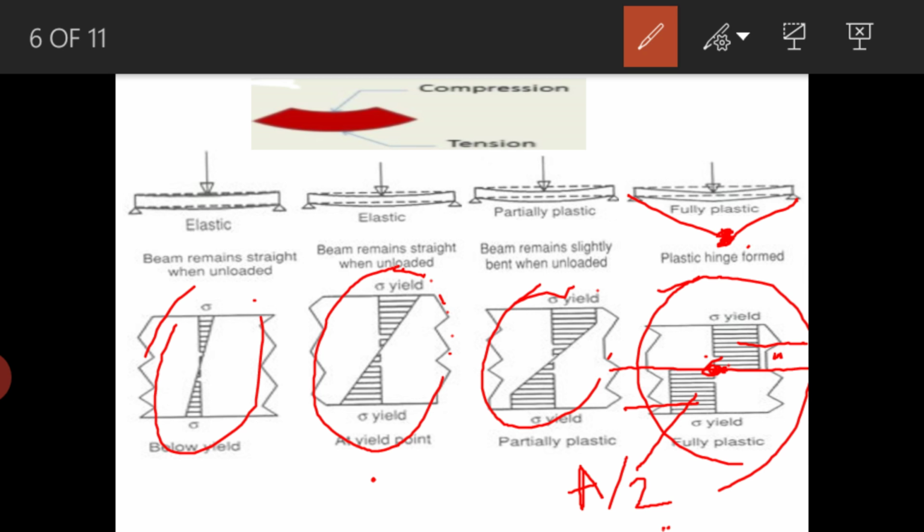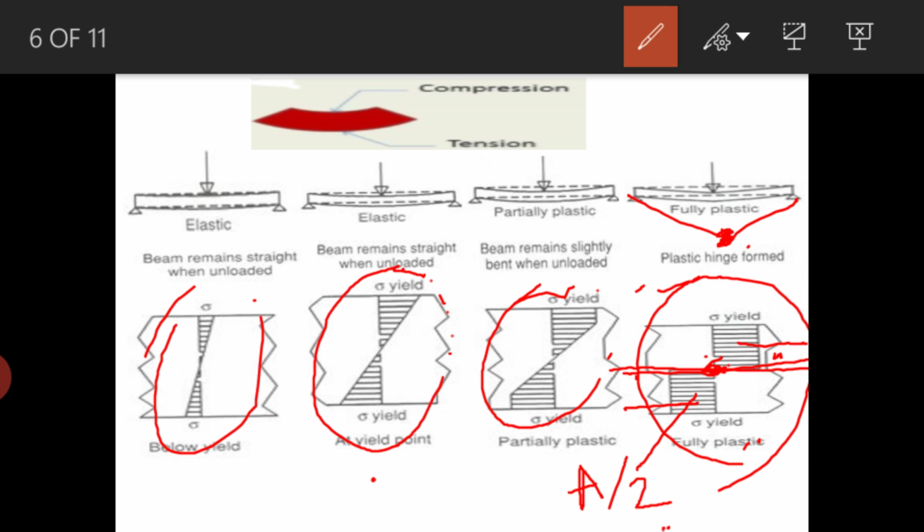Further, if you increase the load, in the fourth stage all the fibers yield and penetrate towards the neutral axis from both sides, from the compression side as well as the tension side, and an axis forms, which is called the plastified neutral axis.